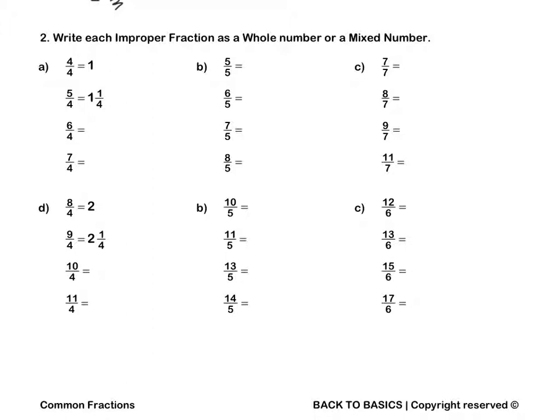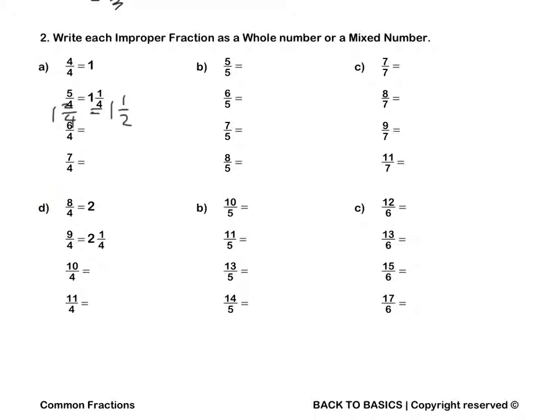Question 2. Write each improper fraction as a whole number or a mixed number. A. 4/4 is 1 whole, therefore 5/4 is 1 1/4. 6/4, 6 divided by 4 is 1 whole, remainder 2/4. And this in simplest form is 1.5.